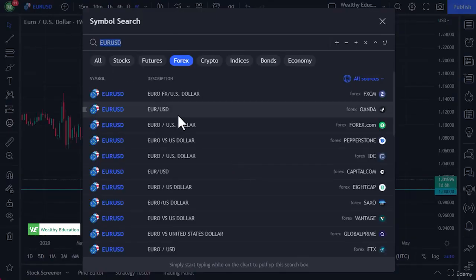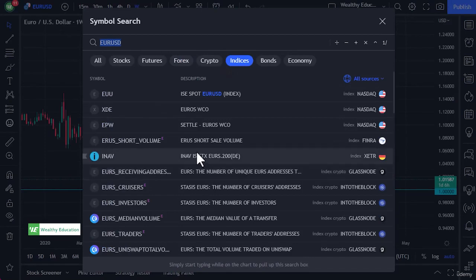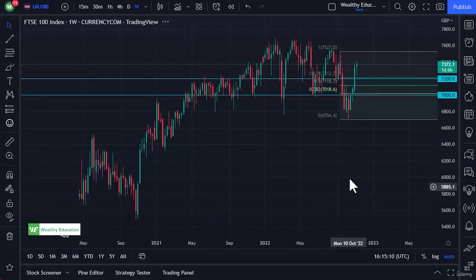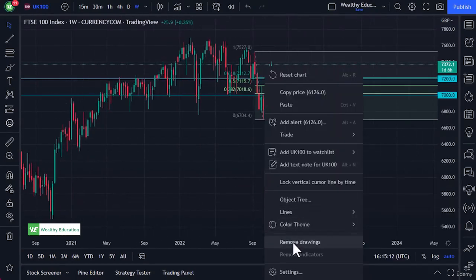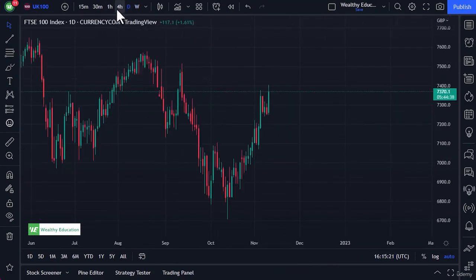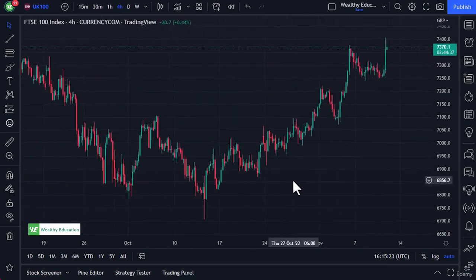There are also what is known as false breakouts, and false breakdowns. So notice how, let me go to a smaller time frame, 4 hour. There we go. 4 hour chart.